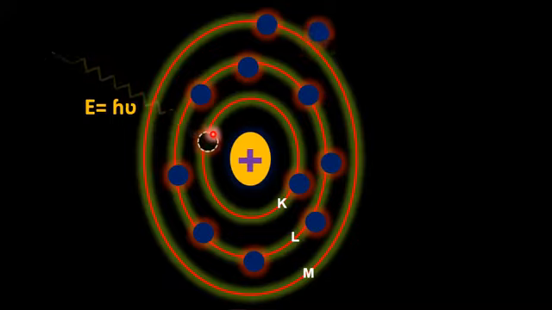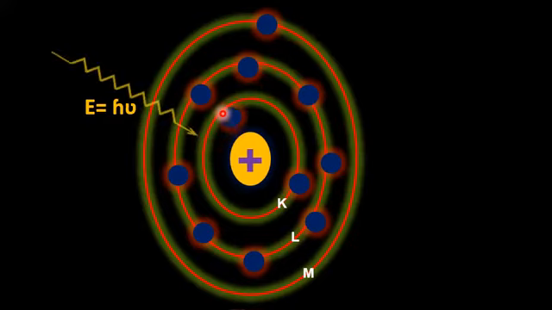So in order to make the sodium atom stable, an electron from a higher energy level like the L shell will jump into the lower core energy level, the K shell.